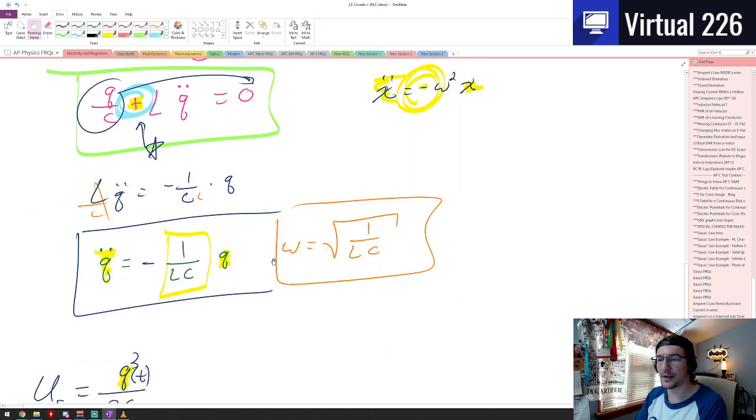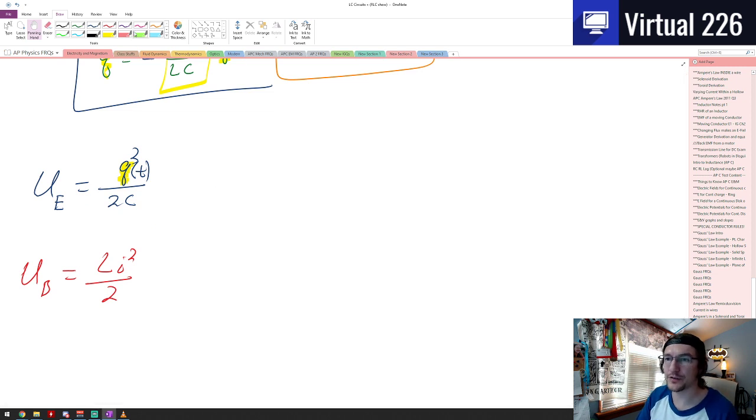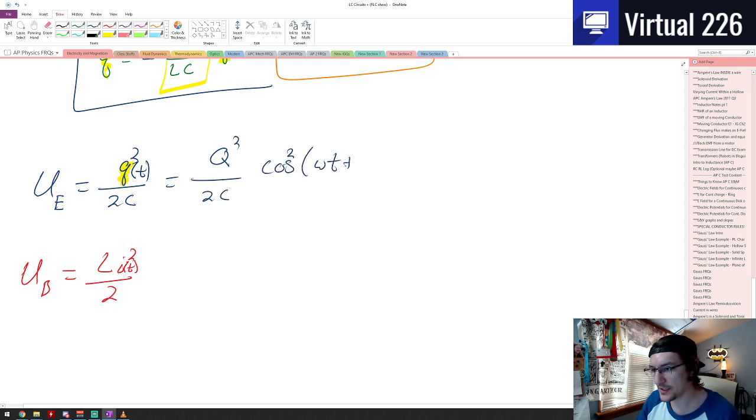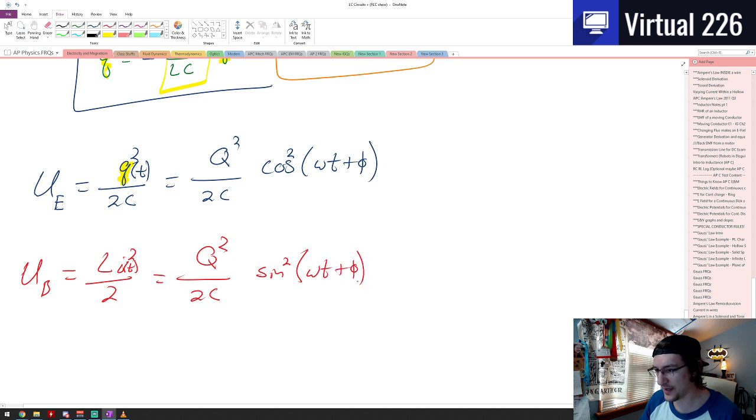So if I plug those equations in for Q of t and for I, technically I of t because that current is changing, I'll get the following. I'll get Q squared over 2C times cosine squared of omega t plus phi, and for my B field, I'm going to get Q squared over 2C times the sine squared of omega t plus phi.